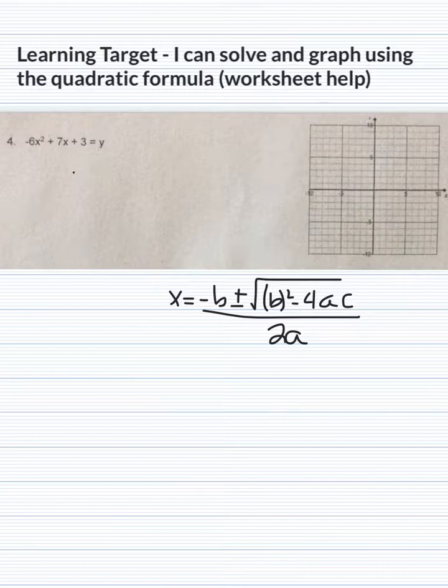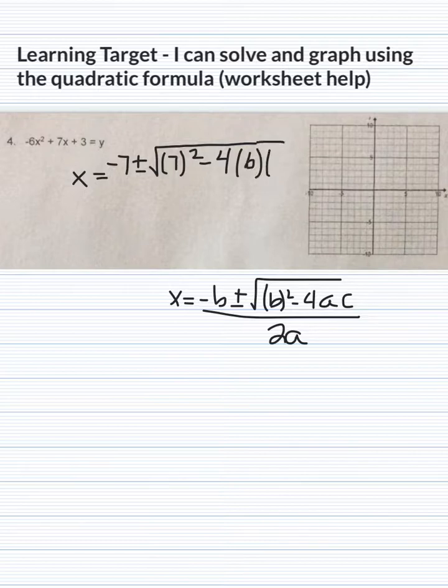So we're going to put x equals negative 7 plus or minus the square root of, in parentheses, b squared minus 4 times a times c, all over 2, and a is 6.